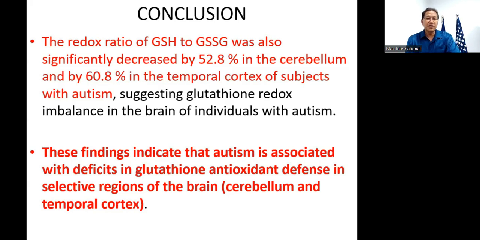Okay, and even worse in the temporal cortex of subjects with autism, suggesting glutathione redox imbalance in the brain of individuals with autism. These findings indicate that autism is associated with deficits in glutathione antioxidant defense in selective regions of the brain, that is cerebellum and temporal cortex.